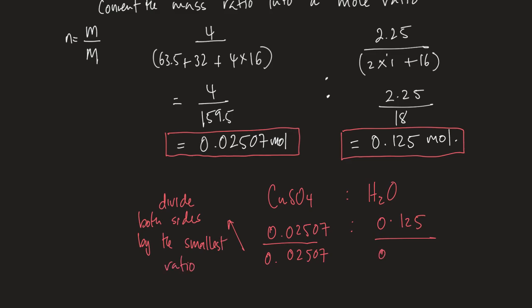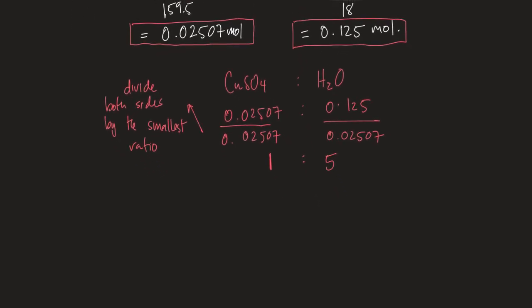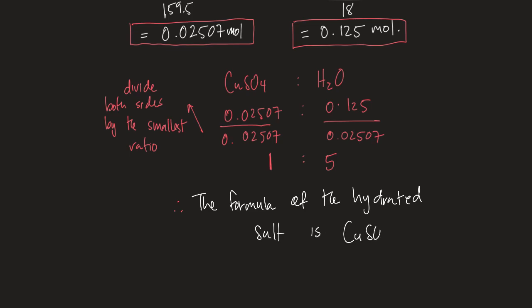And this should give you 1:5. That means for every copper sulfate you must have 5 H2O. So therefore the formula of the hydrated salt is CuSO4 is to 5H2O, and therefore X is equal to 5.